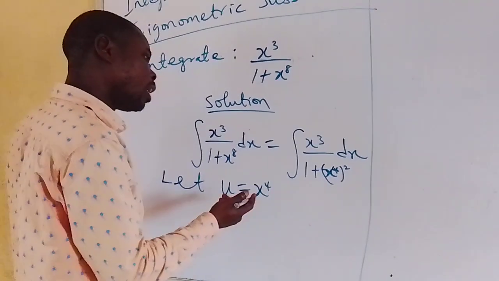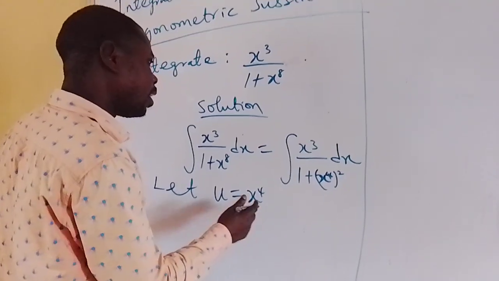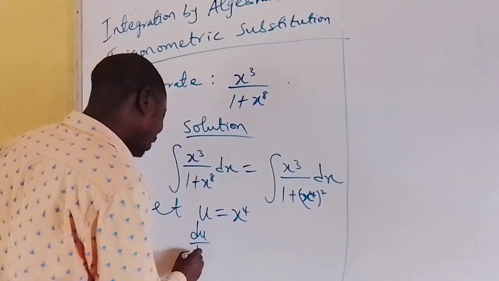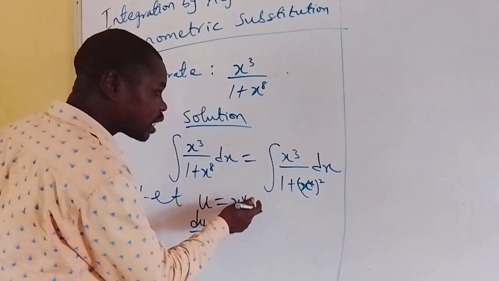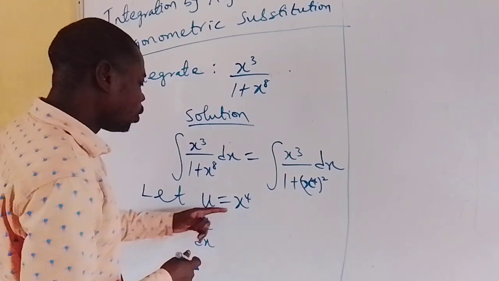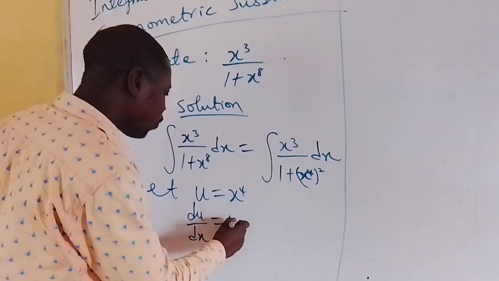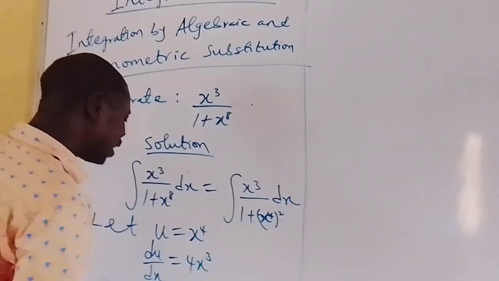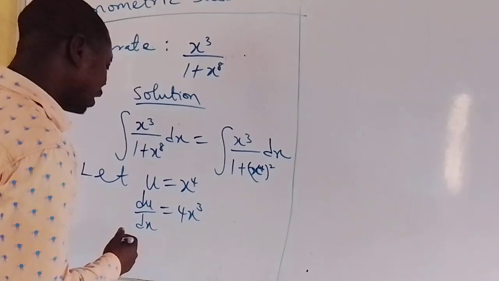So what I'm going to do now is not far-fetched. I'm going to differentiate u with respect to x. So du/dx is equal to 4x cubed. If du/dx is 4x cubed, what does that imply?